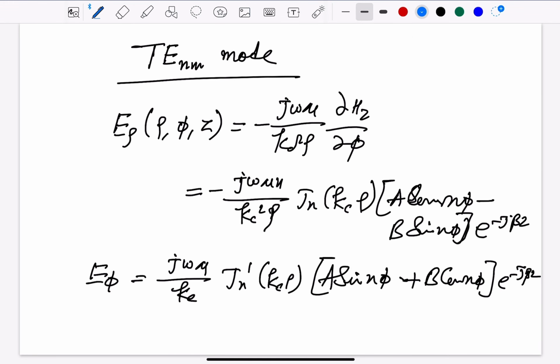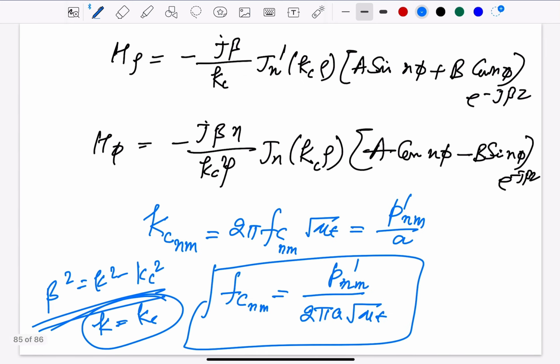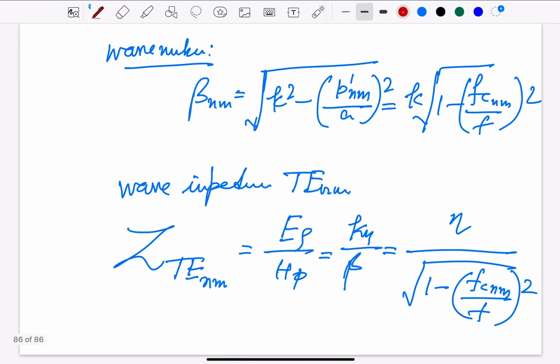After defining this, we can define the other transverse components, like E phi, E rho, H phi, H rho. And we defined here the cutoff frequencies, the wave number and the wave impedance.